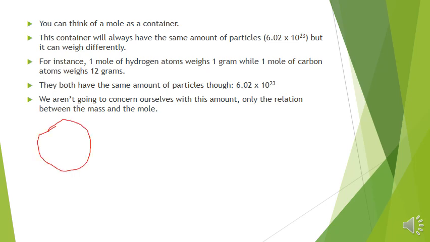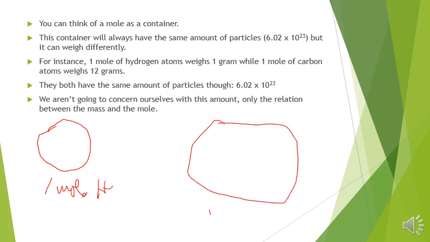All right, so let's say I have 1 mole of hydrogen, and 1 mole of carbon. They're both going to have 6.02 times 10 to the 23rd particles in them.